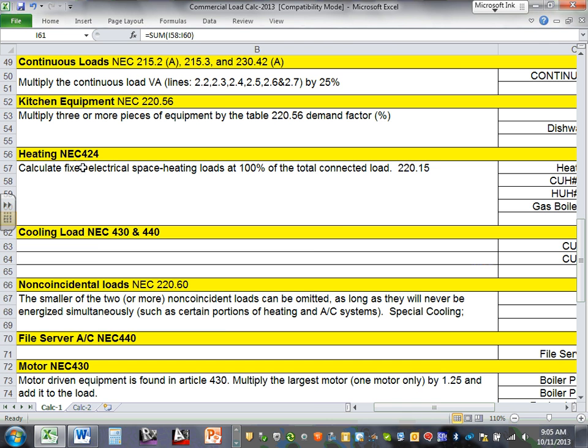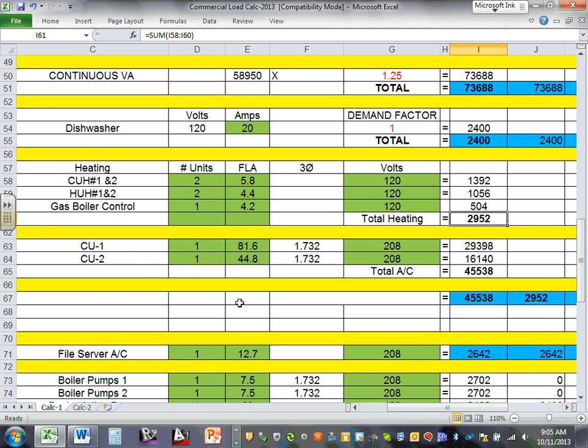Then cooling units. The cooling units, guys, are 2 condensing units. These numbers are coming from your full load current at 288. So condensing units 1 and 2, Matt, are coming directly from the NEC code book, from the specification.